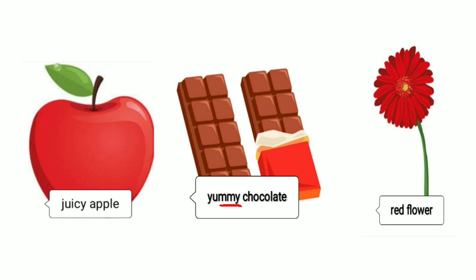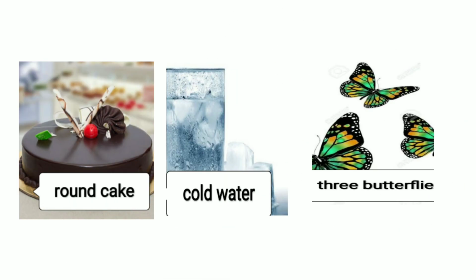Here is the apple. Juicy apple. Juicy is the describing word. Yummy chocolate. Yummy is the describing word. Red flower. Red is the describing word. Next.